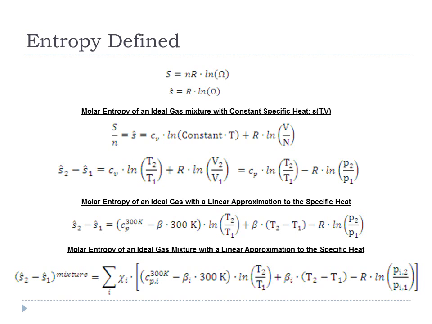Using the ideal gas law, if you rearrange it for V2 over V1 at constant N, you find that you can rewrite that equation as S2 minus S1 is equal to C sub P, notice how it's C sub P, not C sub V now, times the logarithm of T2 over T1, and now minus R times the logarithm of P2 over P1.